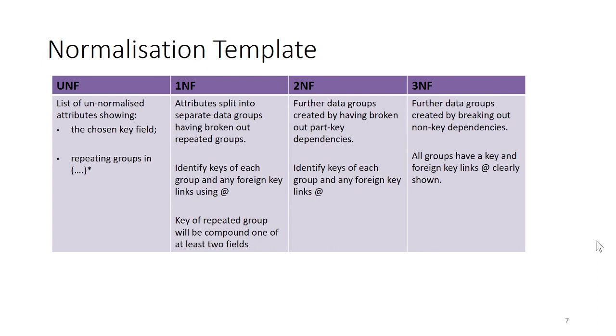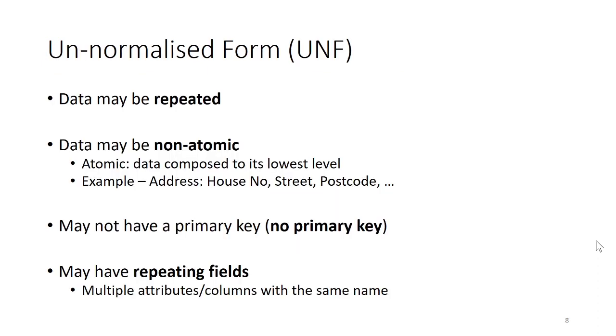Specifically in the first normal form, we will identify the primary keys and any foreign key. Again, I will explain this concept as well. Then we will go for the second normal form by again splitting these data groups by considering some characteristics of dependency of attributes, and then achieving third normal form. We're going to look at this in detail and see how these forms can be achieved.